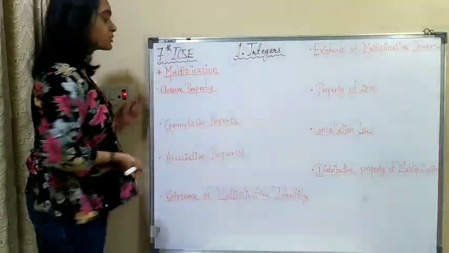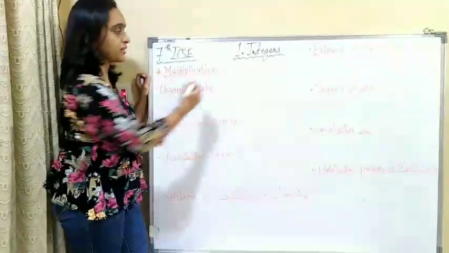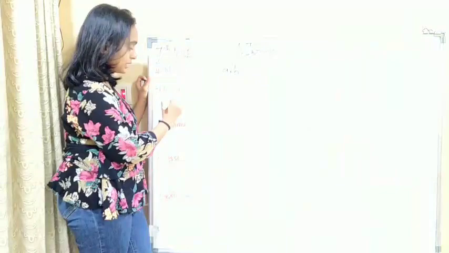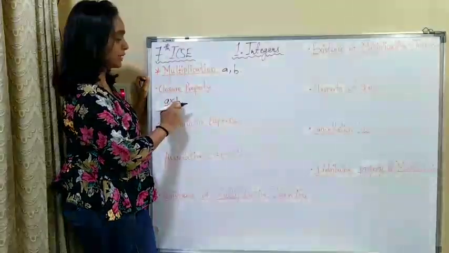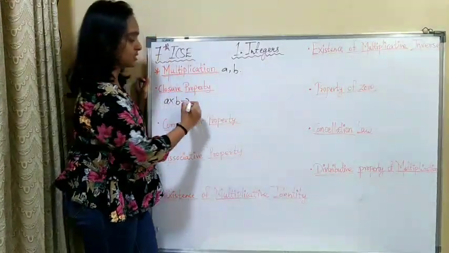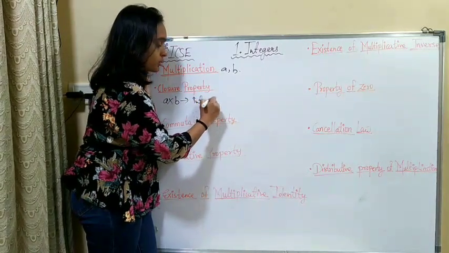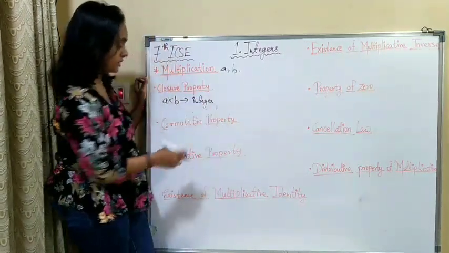The first property is the closure property. If you have any two integers, say A and B, then when you multiply them, that is A multiplied by B, the answer is again an integer. So it is said to be closed under multiplication.